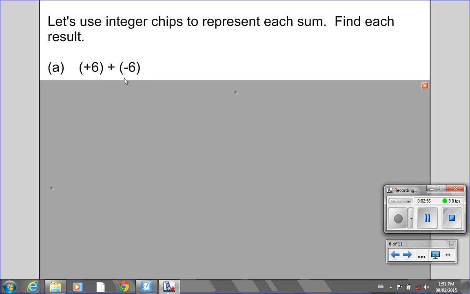So the first one is positive 6 plus negative 6. Try this out. If you have chips at home, that's great. If you don't, use some paper and two different coloring pencils.